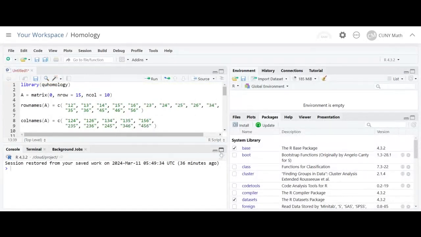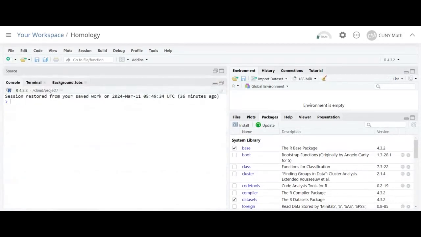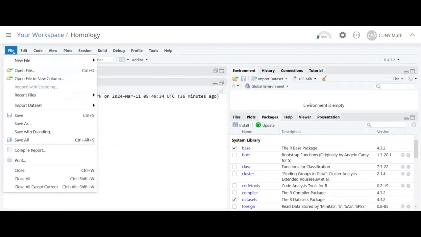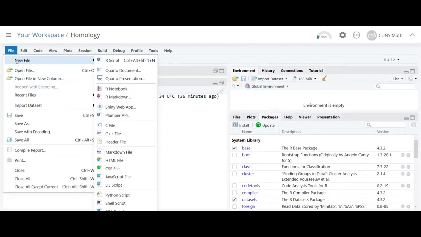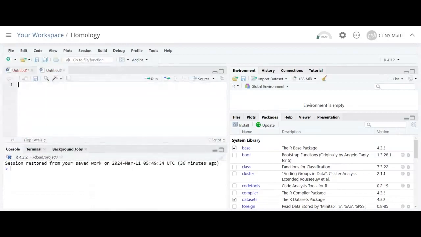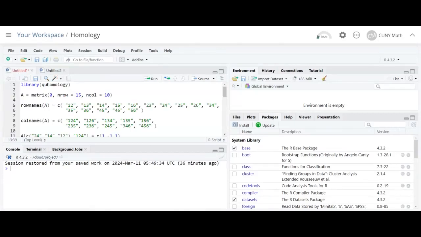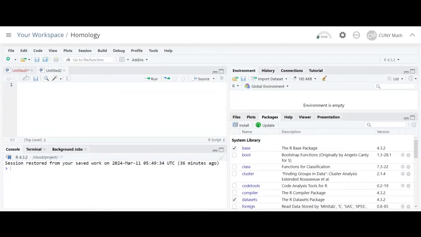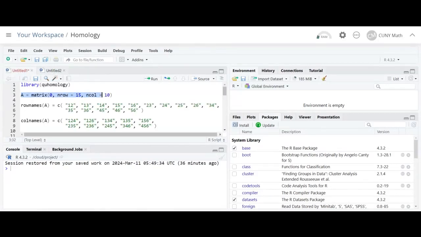So here, what you will do is click on File, and after you click on File, you select New File, R Script, and it will create a window for you where you get to type in some code. Now, I already did it over here, so this is basically notes, so ignore that.